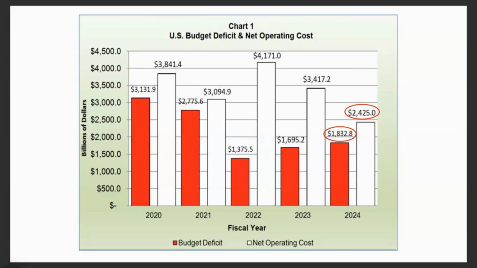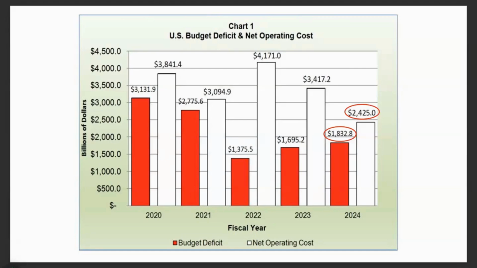But looking at the net operating costs of the US government, it was worse. We had a $2.425 trillion shortfall. And this is when you include things that haven't yet been paid, like government pension costs or VA benefits.